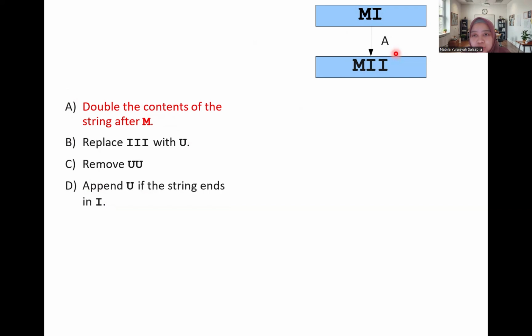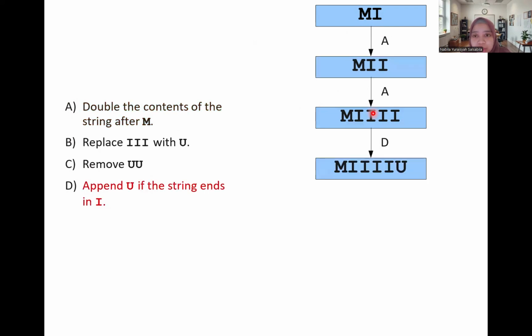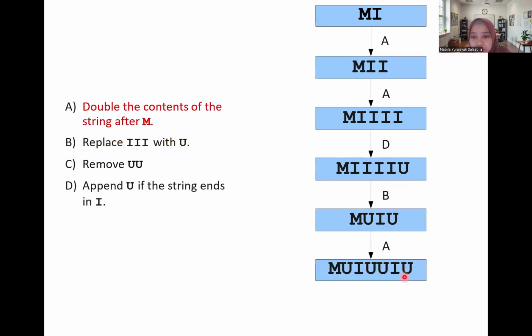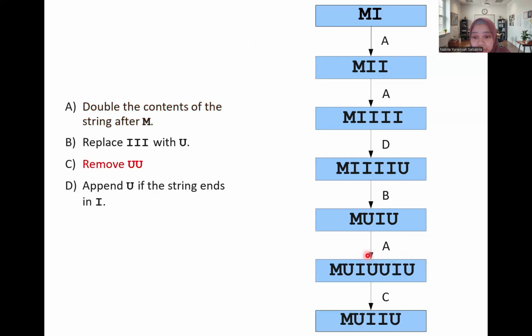You can also implement another way, which is the operation D. The next step, we try to double the content again, which is the operation A. And then next, we implement the operation D, which is to append U behind the I. Next, since we've already got the triple I's, we can replace them by U in operation B. So we have another operation A, which is to double the contents after the M. The last one, which is C, is to remove the double U's.